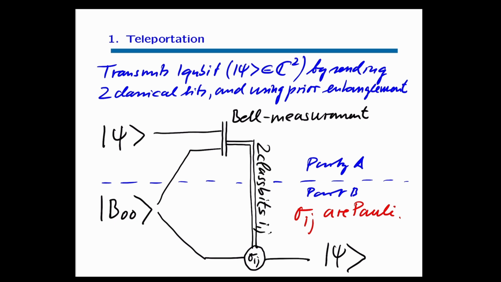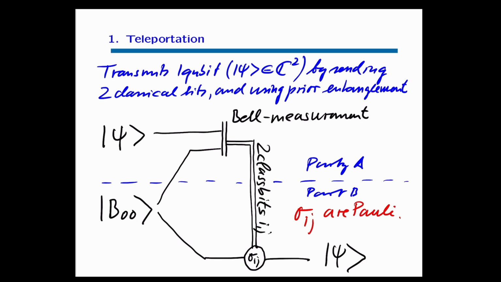Okay, and so now on the side of the sender, the state to be transmitted and this extra qubit are measured in the Bell basis. So we will find out what the Bell basis is. Okay, so it's the second thing that happens, and then the measurement outcomes are transmitted to the other side and conditioned on the outcomes of these measurements, a correction operation is performed.